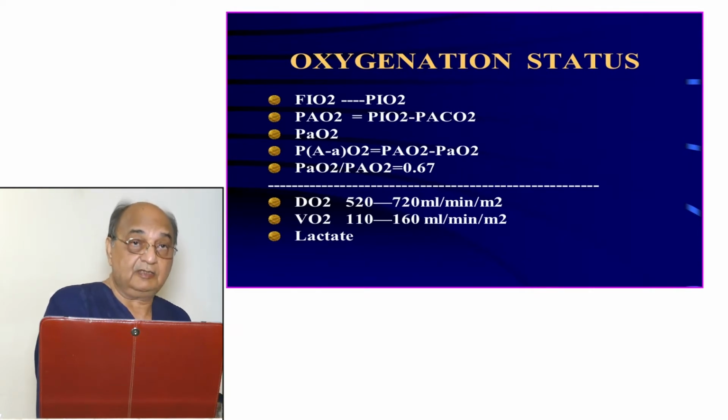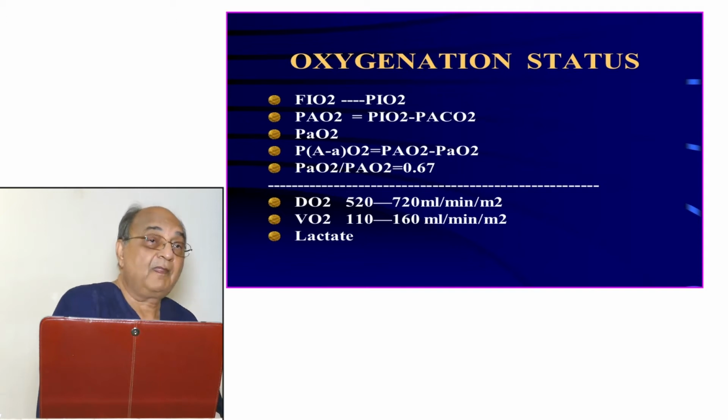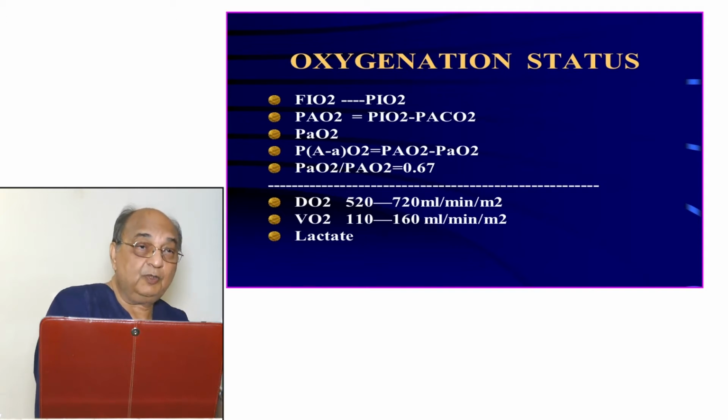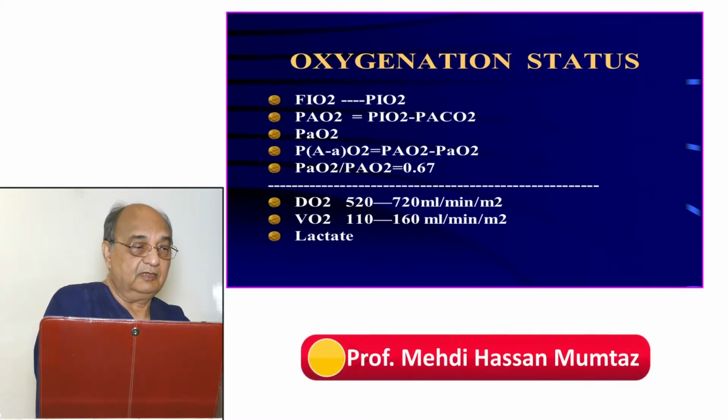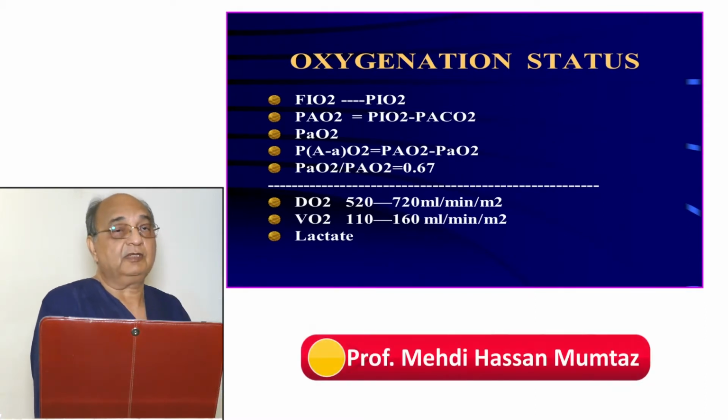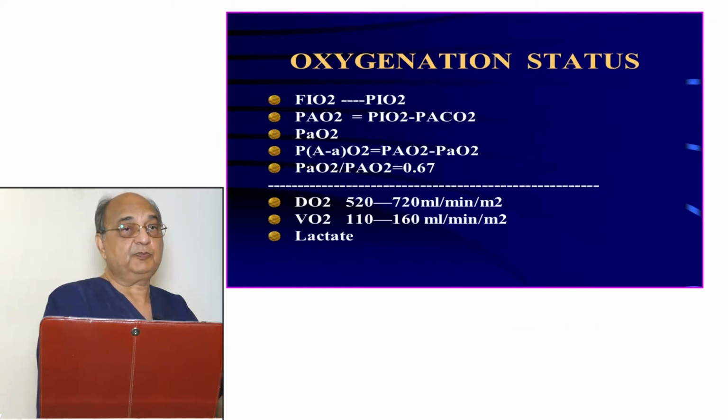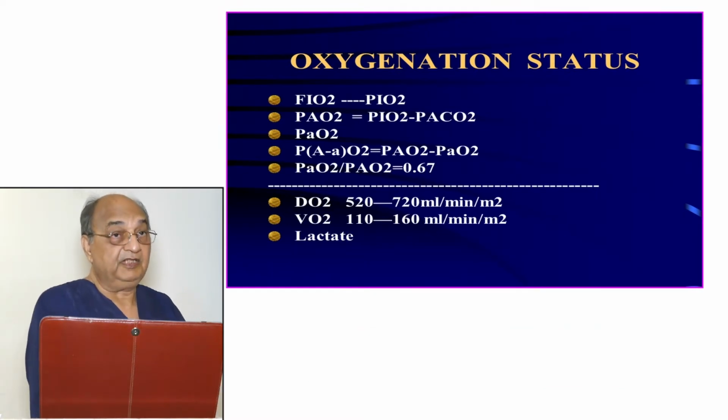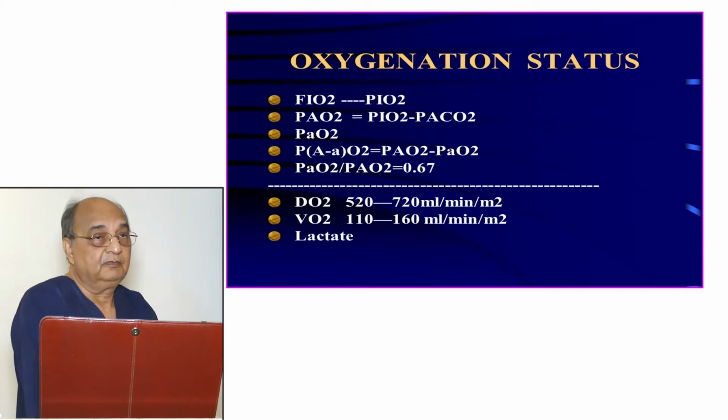Then for oxygenation status, you first look at how much oxygen you are giving to the patient. That is called FiO2, the fractional inspired oxygen concentration. But under what pressure is it going in? You calculate the PiO2. Then the same oxygen goes into the alveoli and exerts its pressure, called PAO2.